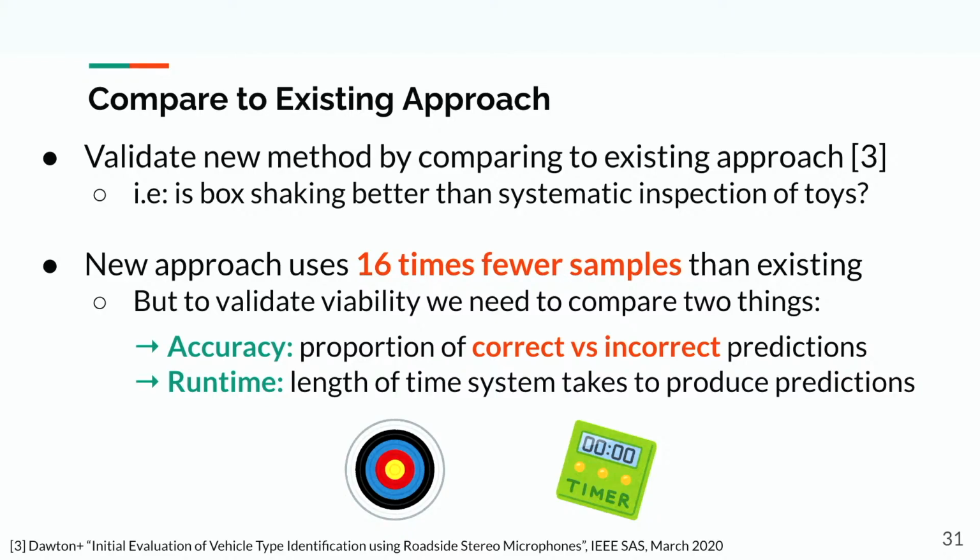First, we need to check the accuracy of the system. By accuracy, we mean what's the proportion of correct versus incorrect predictions. So how often does it call a car a car? The second thing is the runtime. That's the length of time that the system takes to produce predictions. So if our system takes a year but is more precise, well, that's not really helpful, right? We want our system to do it quickly.